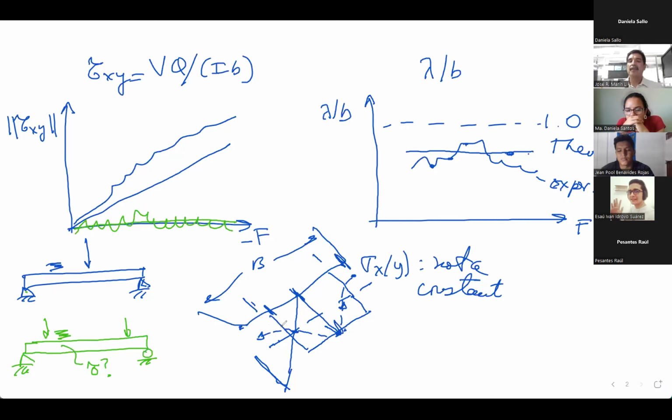Question for you, what would be the distribution of normal stress if there were no shear on this section? What would be the normal stress distribution? That's a good question, right? It would be like this.